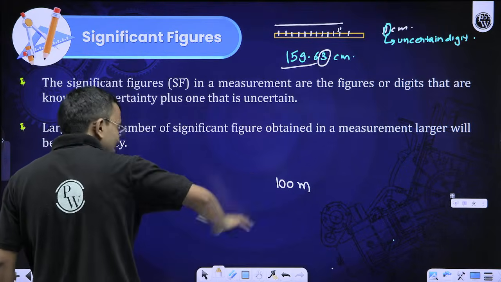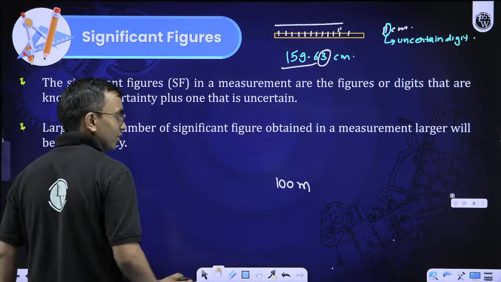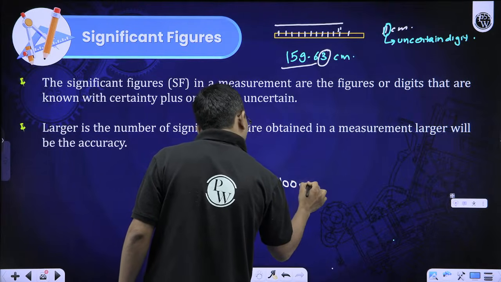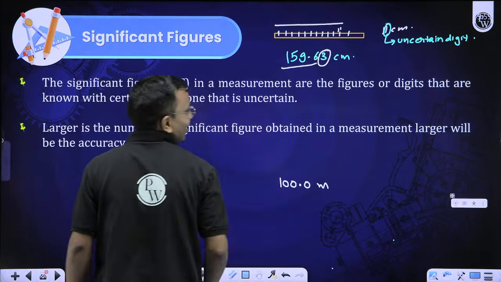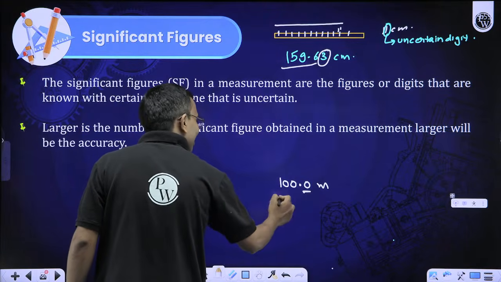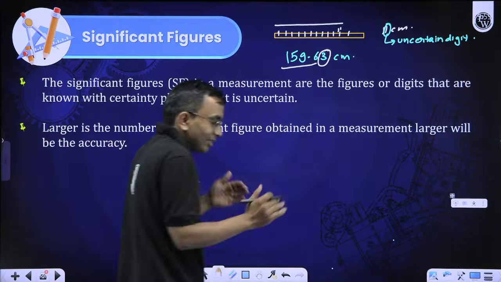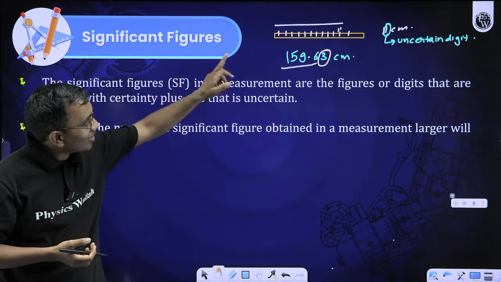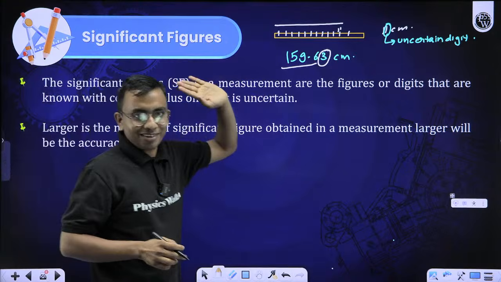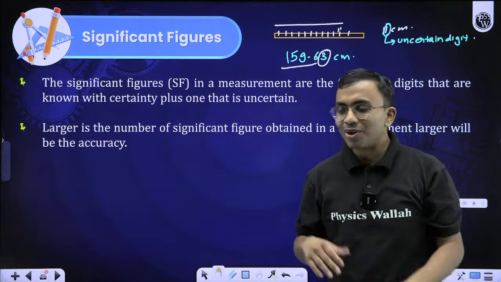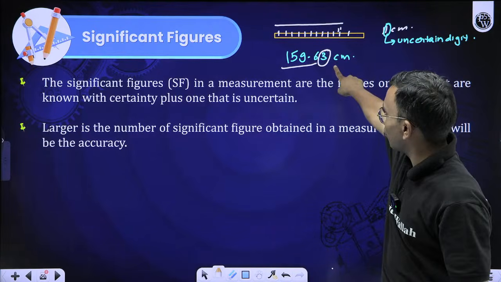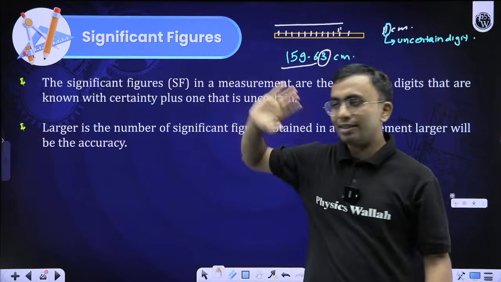You will not just mention 100 meter. You will say that comes out to be 100.0 meter. You will say this is my uncertain part, that is my certain part. The measured value tells you about the certain part and uncertain part. The last is always uncertain, before the last they are certain.